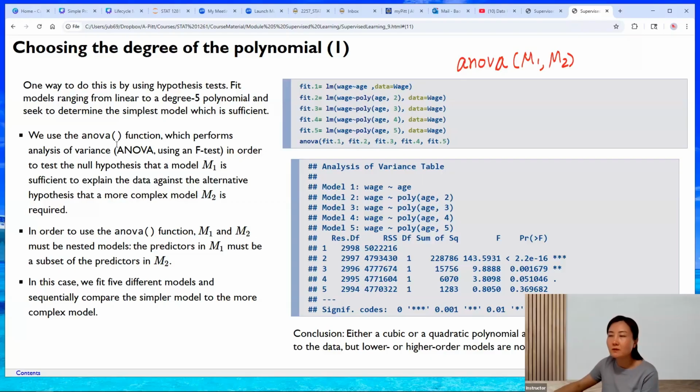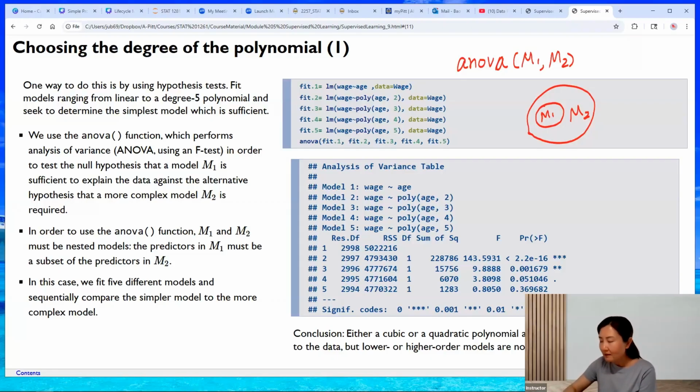So from this description, you know that we assume that M1 is nested in M2. If this is M1, then M2 has to include all of the terms in M1. It's a larger, more complex model. And then the anova test will see if M1 is sufficient and M2 is not necessary.